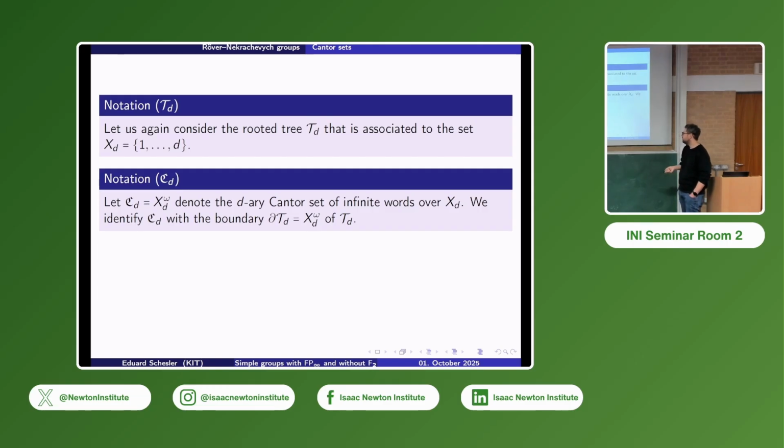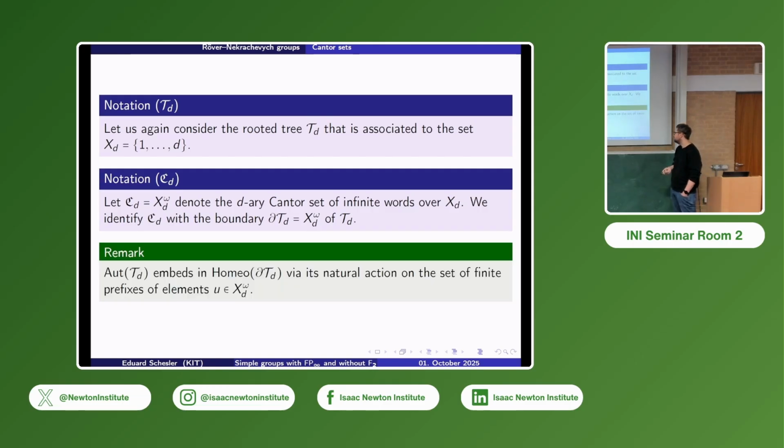To define these Thompson-type groups, we will embed the automorphism group into the homeomorphism group of the boundary. There's clearly a canonical embedding. What we need is some special subsets of this boundary, namely cones, the boundaries of subtrees hanging below a given vertex.